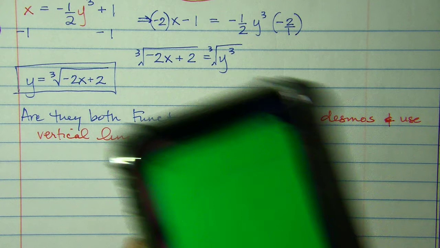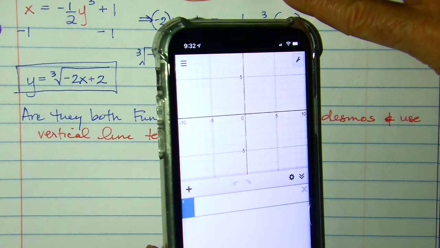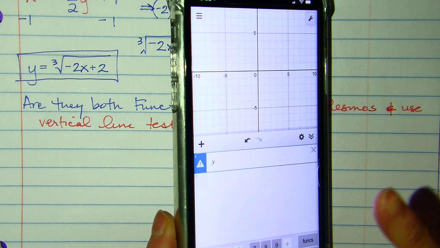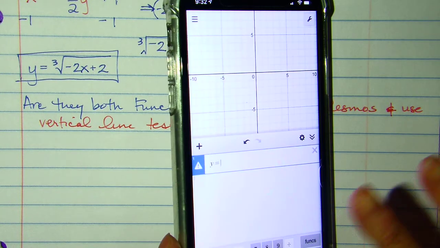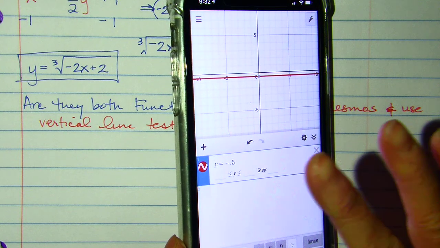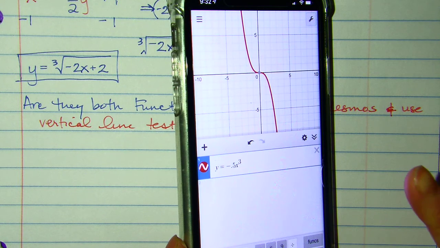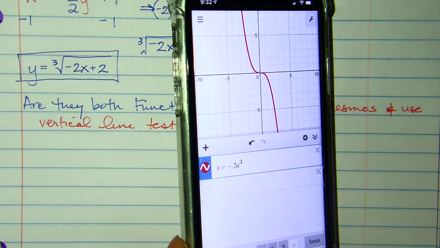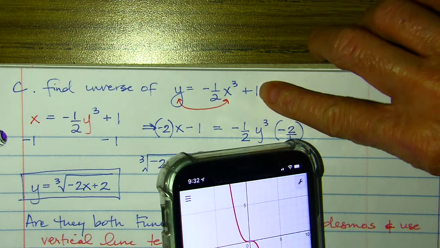I'm going to open up Desmos and enter the original function first. There is a glare here and I apologize. I'm going to type y equals negative 0.5, and then I need to enter x cubed, and I forget how I come back down. Whoops. Then I have negative 0.5 x cubed plus 1.